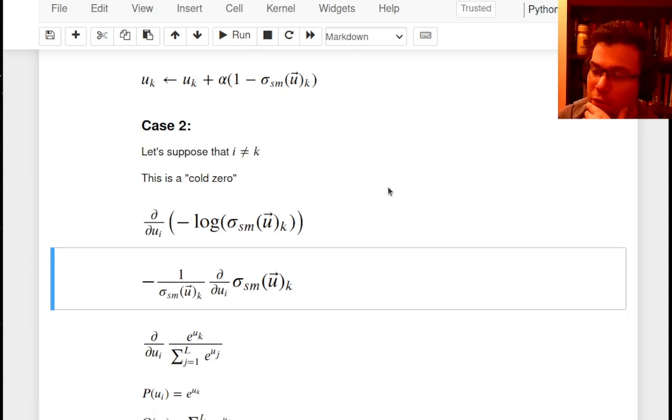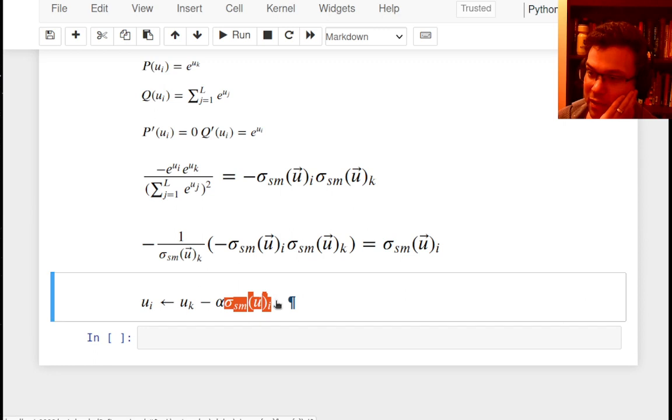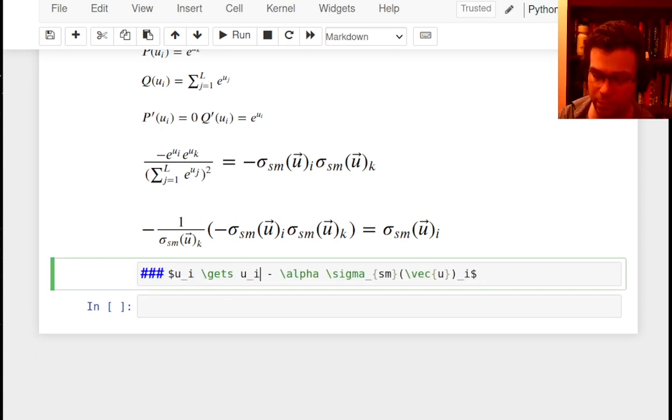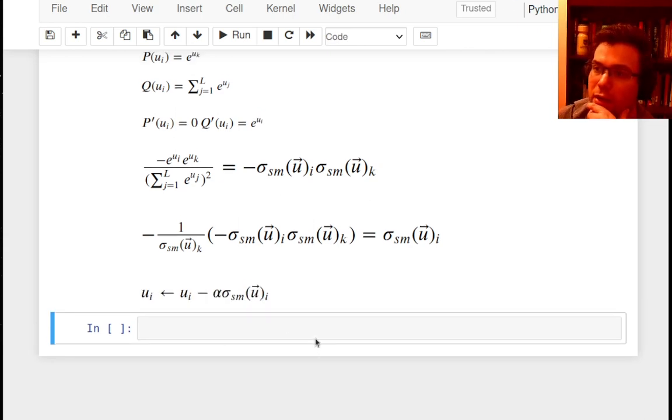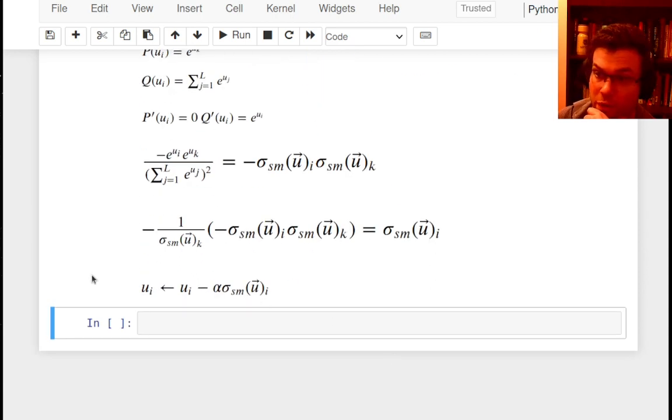And, well, the cold 0, it's supposed to be a 0. And so if I look at it and it's not, if this is something greater than 0, then I'm supposed to nudge my u sub i to the left. Oops, I should have said u sub i there. All right, so if I'm on the hot 1 and I'm not at 1, I move to the right. If I'm at a cold 0 and I'm not 0, I move to the left.